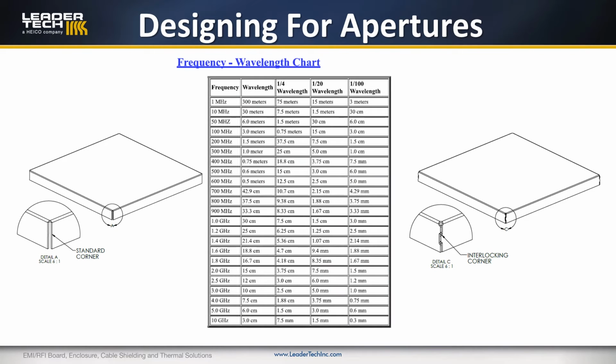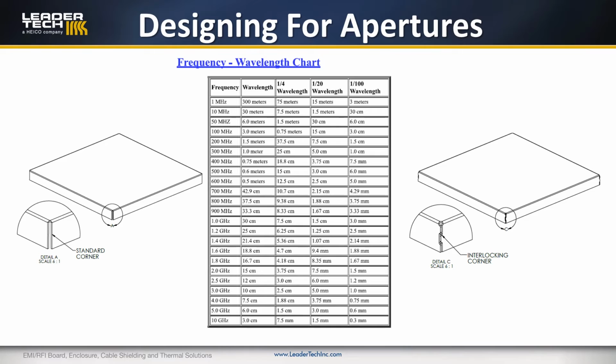In this slide, I've got a couple of basic shields. They're just one-piece boxes, as simple as it gets. And what I'm trying to show here is designing for apertures. When we talk about EMI shielding, we're trying to reduce the linear aperture. So if you look at the frequency wavelength chart in the center here, let's look at 5 gigahertz frequency and go over to the right to the 1/20th wavelength column.